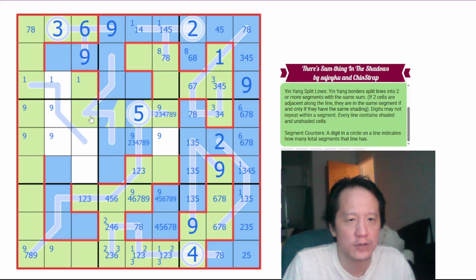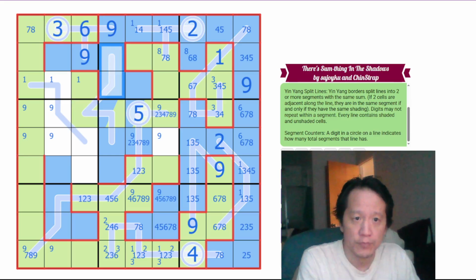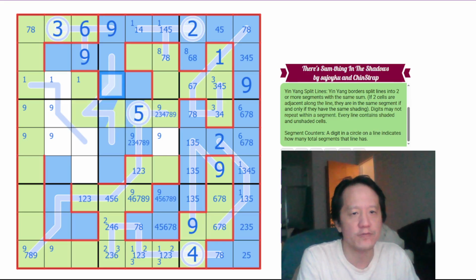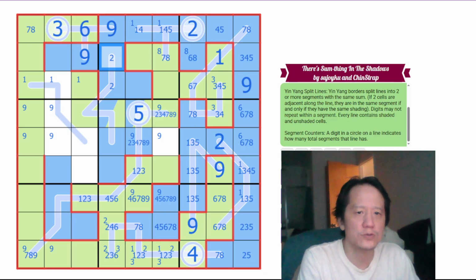It's either here or it's here. So this cannot be 1. The single digit is either here or here, so it cannot be 9. Can't be 5 either. So it could be 2, 3, 4, 5, 6. You can add up to at most 8.